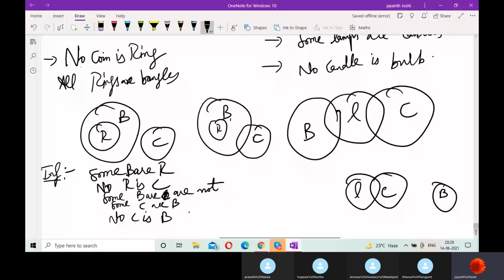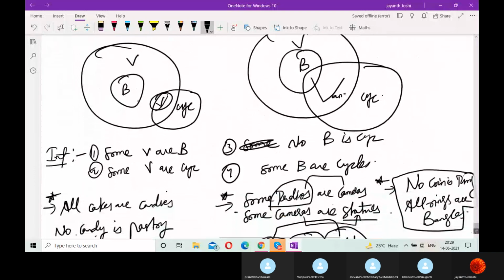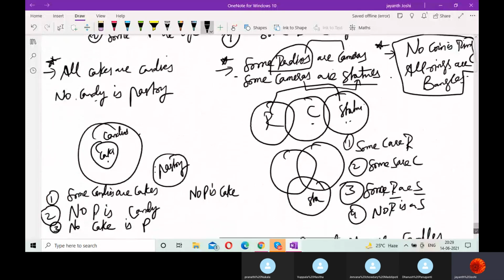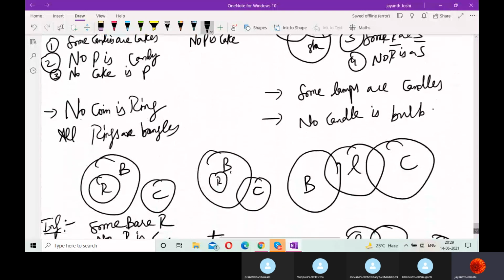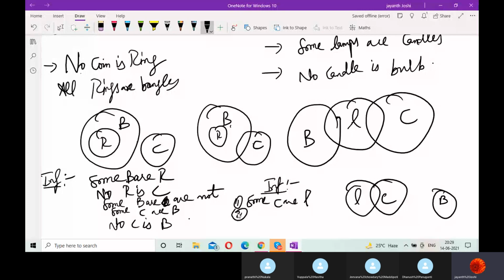So what we can infer: some lamps are candles means some candles are lamps, correct? Some candles are lamps. No candle is bulb, so no bulb is a candle.